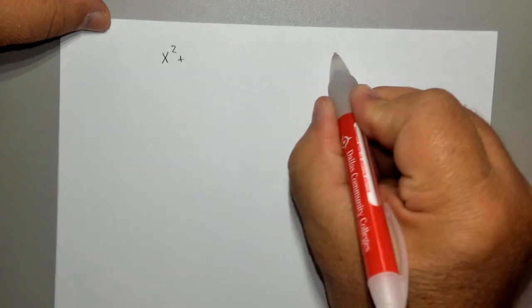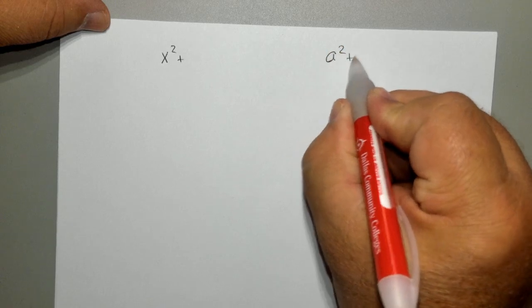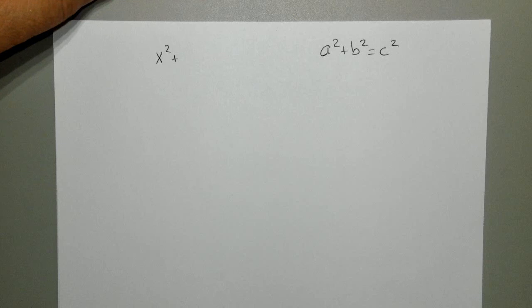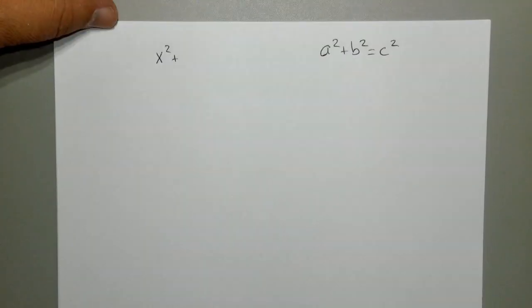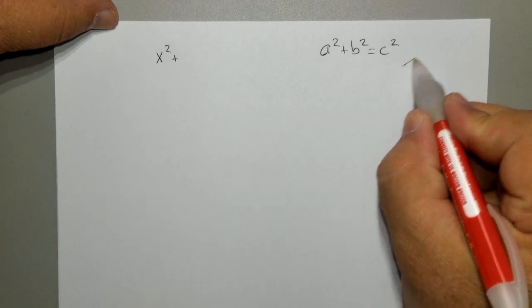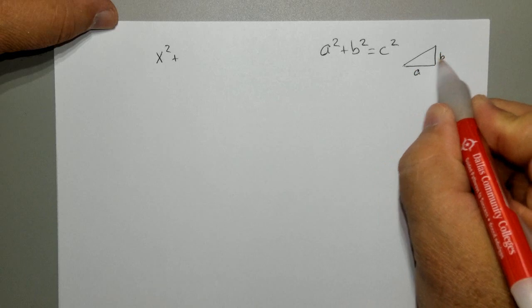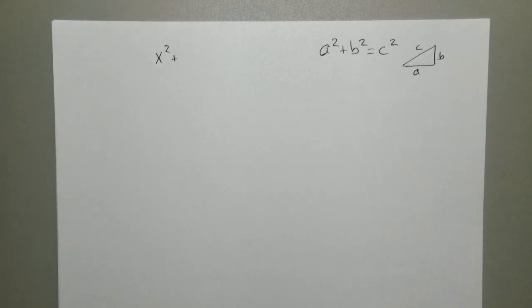It all started with this. What is that? Pythagorean theorem. It defines lengths of legs of right triangles.